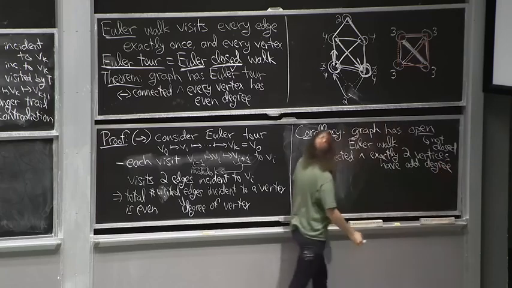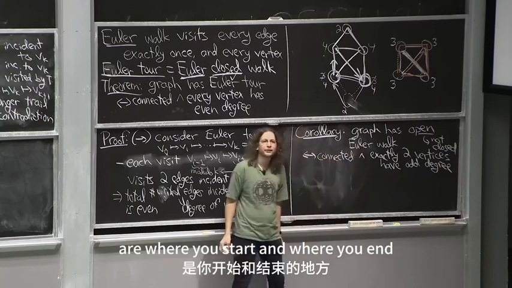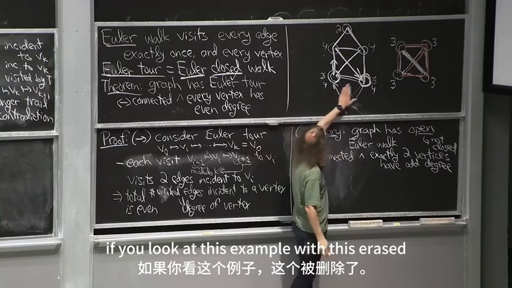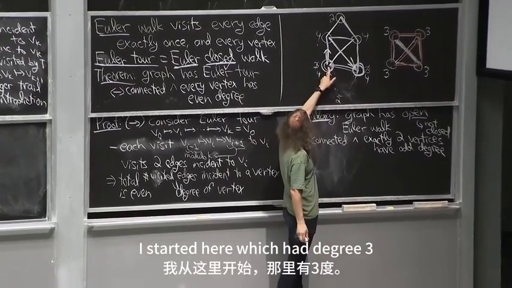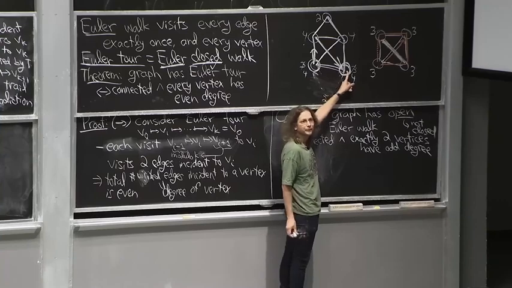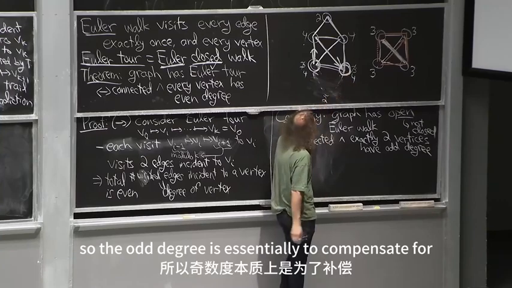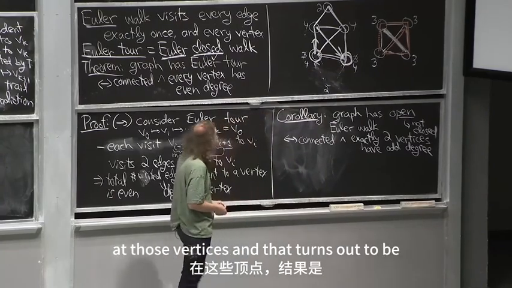Intuitively, those odd degree vertices are where you start and where you end. If you look at this example with this erased, I started here, which had degree 3. I walked around and I ended here, which also had degree 3. So the odd degree is essentially to compensate for starting and ending at those vertices. And that turns out to be all you can do.